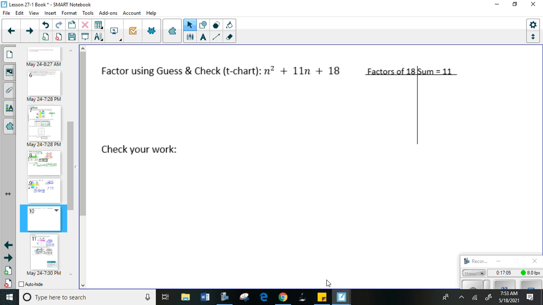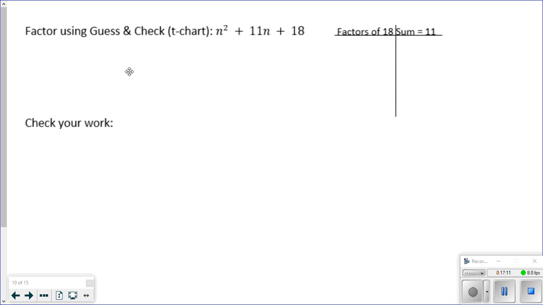So on our note sheet, it says factor using the guess and check method. It's also called the T-chart method because you draw a T-chart to find numbers that multiply to get 18 and add to get 11. 3 and 6 don't work. 2 and 9 work.